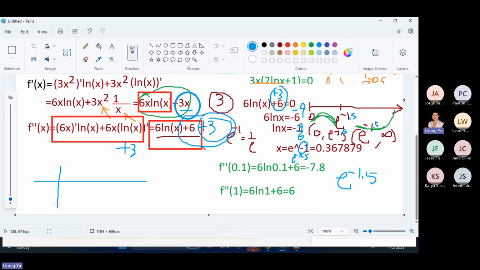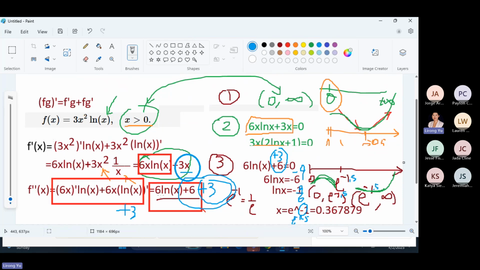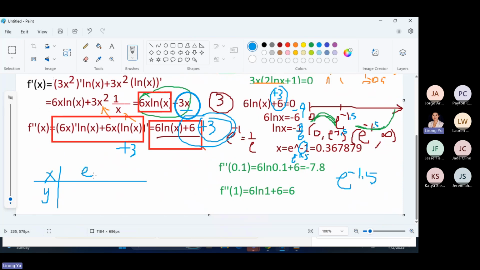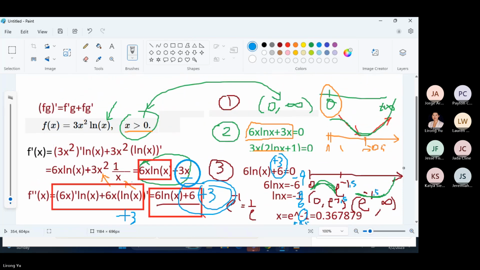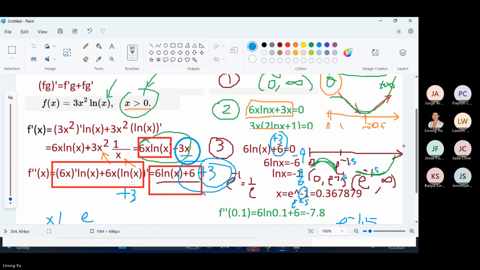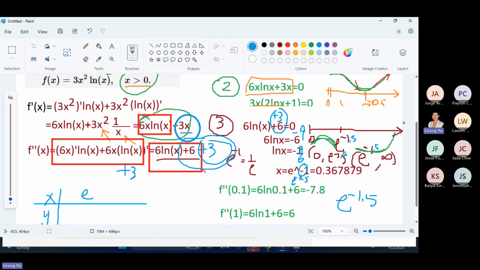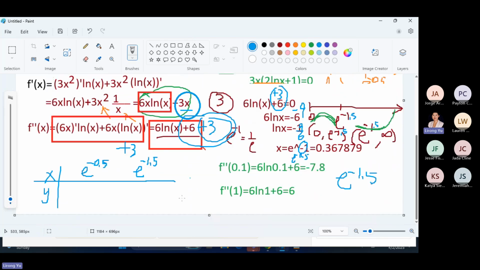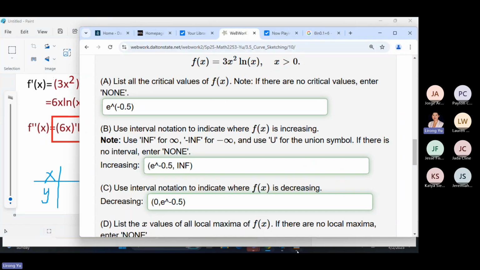Try to find the proper x value and y value. At x equal to 0 it will be undefined. We have e to the negative 0.5, and then e to the negative 1.5. And we're supposed to calculate the y value to determine the proper behavior of the graph.